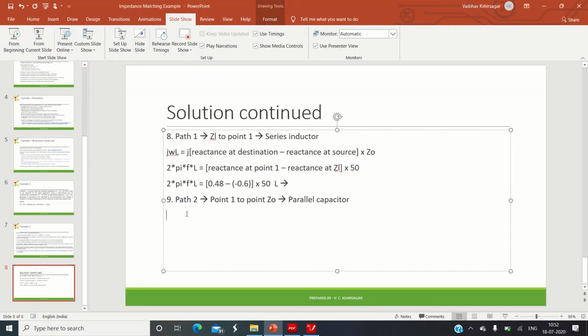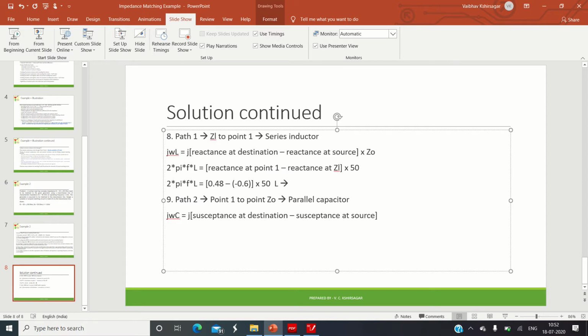So j omega c is equal to j times, now we are tracing the conductance circle, so that's why we need to take into account susceptance. So susceptance at destination, I will rewrite the equation, minus susceptance at source.